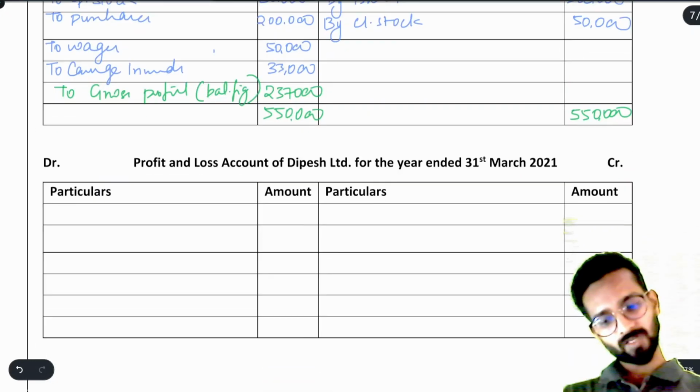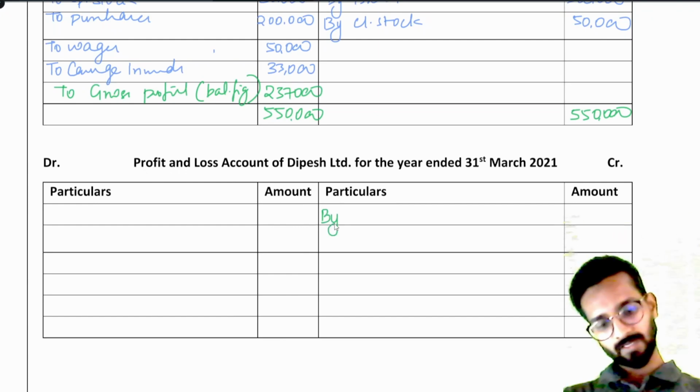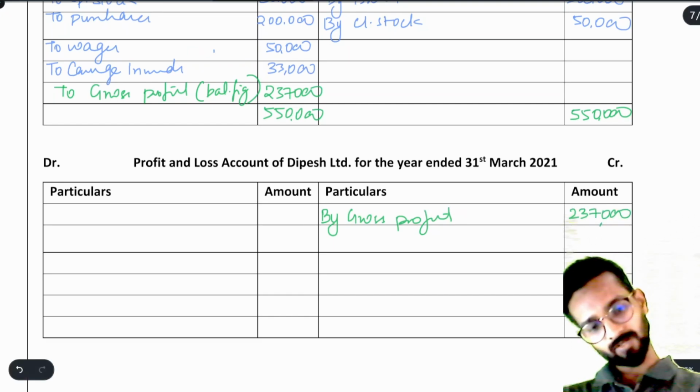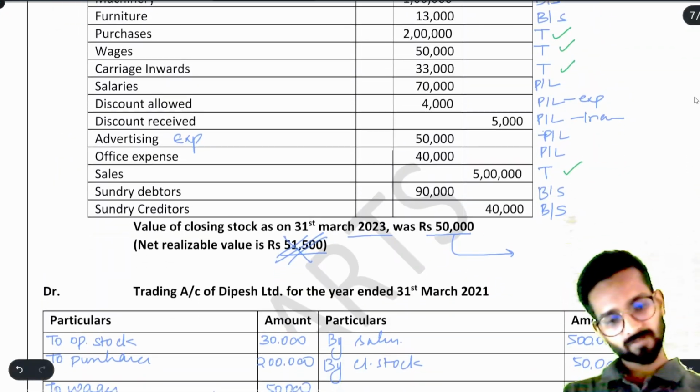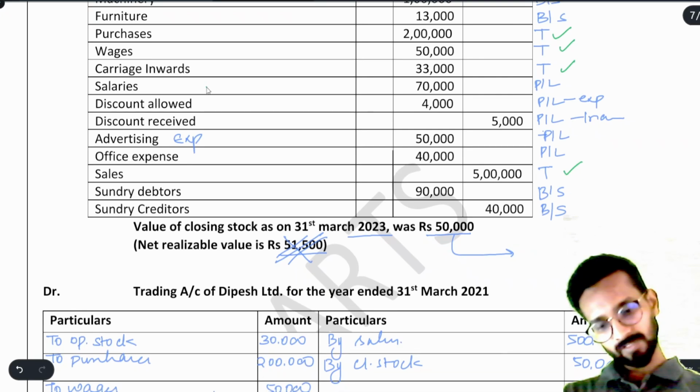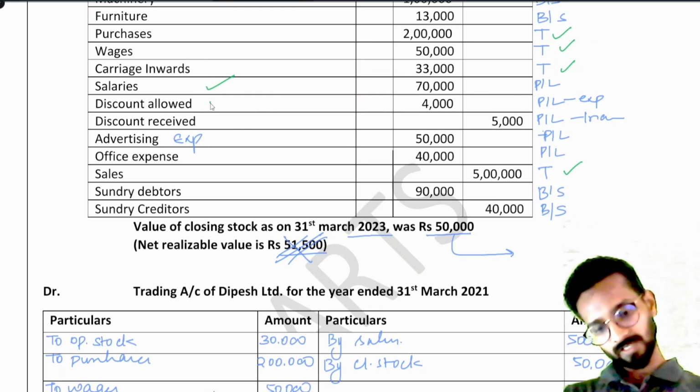Now, what will we do after this? We will prepare the profit and loss account. But the first thing is to transfer gross profit, "By gross profit", how much? 2 lakh 37,000. Very good. Now check the P&L items. We have 5 P&L items here. Salaries is there. After salaries, discount allowed, then advertising, then office.